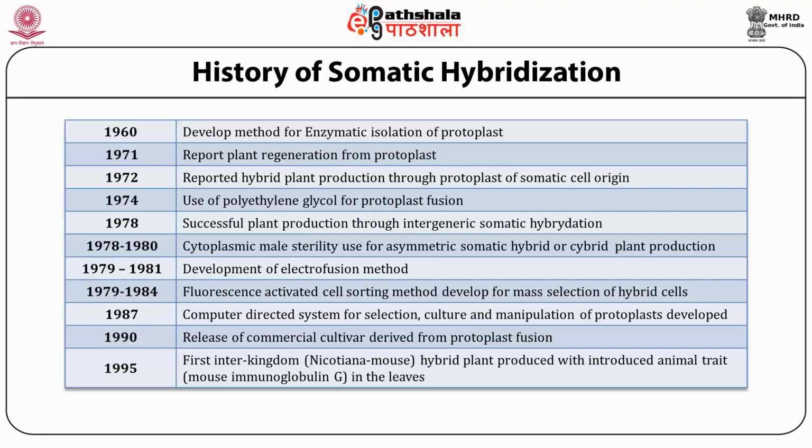Of course, there again it was at the mercy of what is happening, so cells will fuse themselves. But thereafter, in 1974, the use of PEG or polyethylene glycol for protoplast fusion was successfully used, and again plantlet production in 1978, which was of intergeneric somatic hybrids.